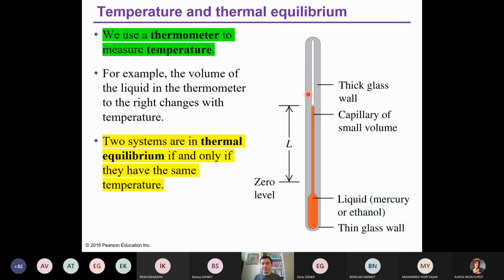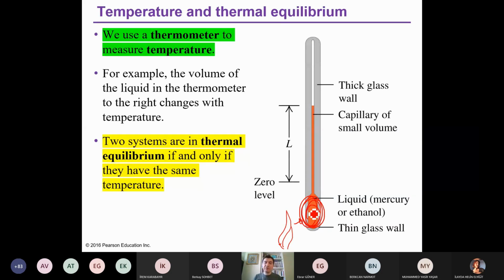So if you put a heat source here, then the temperature of this liquid will increase, and then the volume of this liquid within this thermometer will increase. Then you will have a new level here, and this part will also be filled.